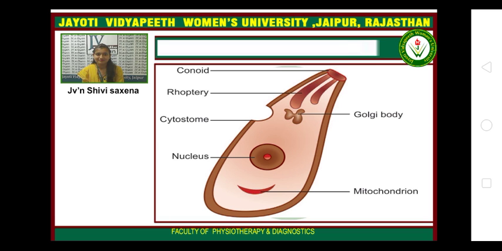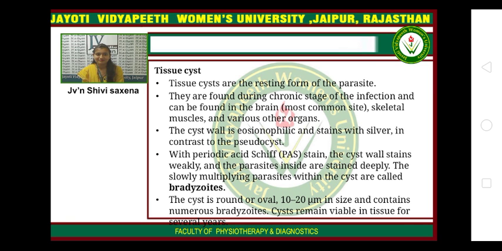Tissue cysts. Tissue cysts are the resting form of the parasite. They are found during the chronic stage of the infection and can be found in the brain, the most common site, and skeletal muscles and various other organs.